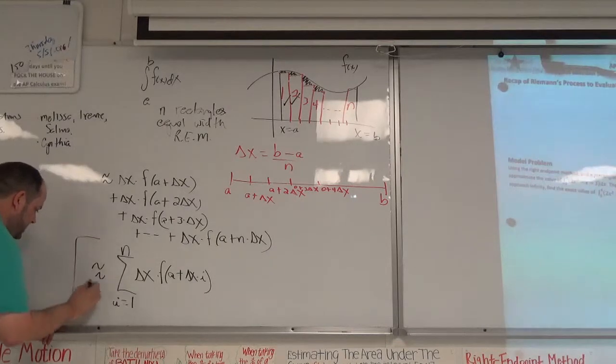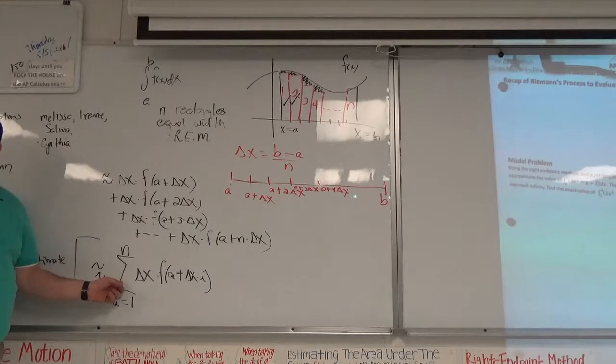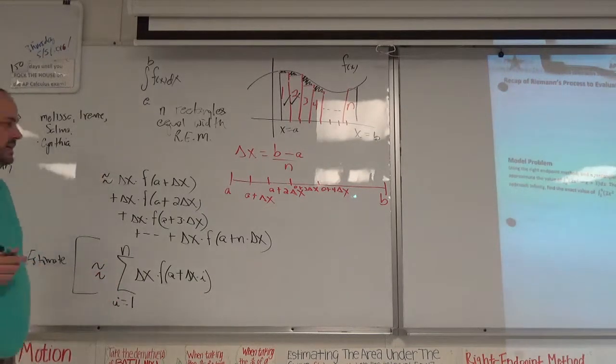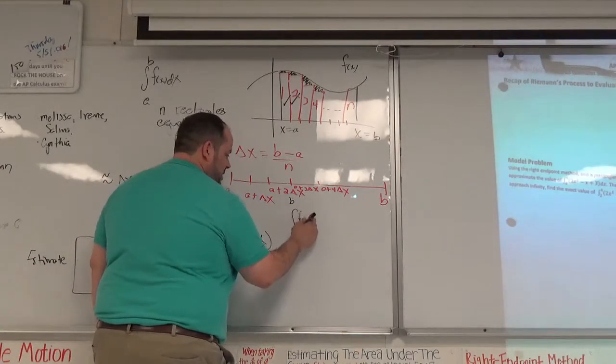We're saying that this is your estimate, and I'm sure lots of folks remember how we move from estimate to the exact answer. How do we get the exact value? How do we move from this estimate with n rectangles to the exact value of the definite integral? Brianna, how do you get the exact answer? Is it to add more rectangles?